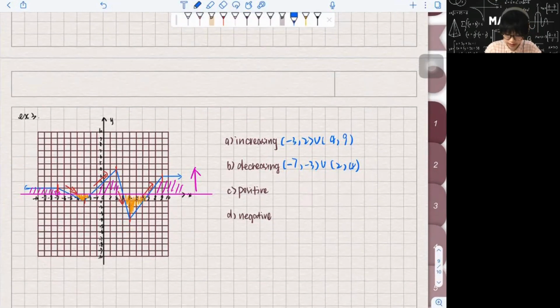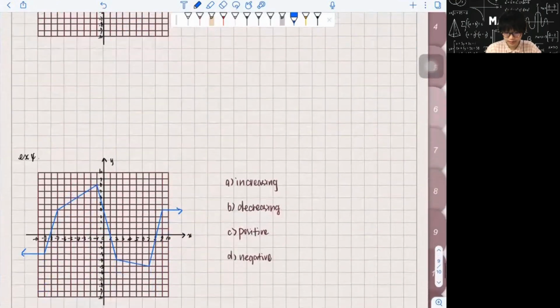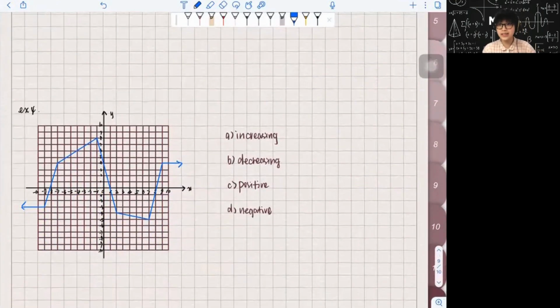So the positive part here is from -infinity to -5, and from -2 to 3, and 7 to positive infinity. The negative parts are from -5 to -2, as well as from 3 to 7. And now the last one, exercise 4.